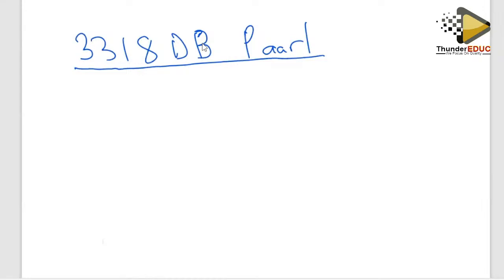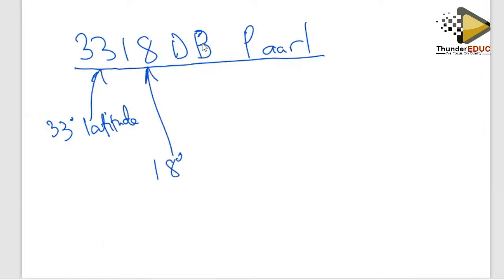Right, I will start by indicating these first two digits here. The 33, what does it mean? It means 33 degrees latitude. And this 18, what does it mean? It means 18 degrees. This is 33 degrees to the south latitude.